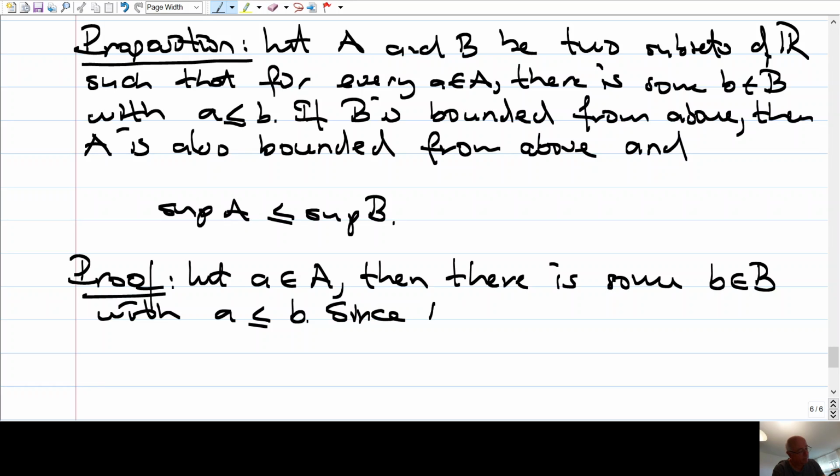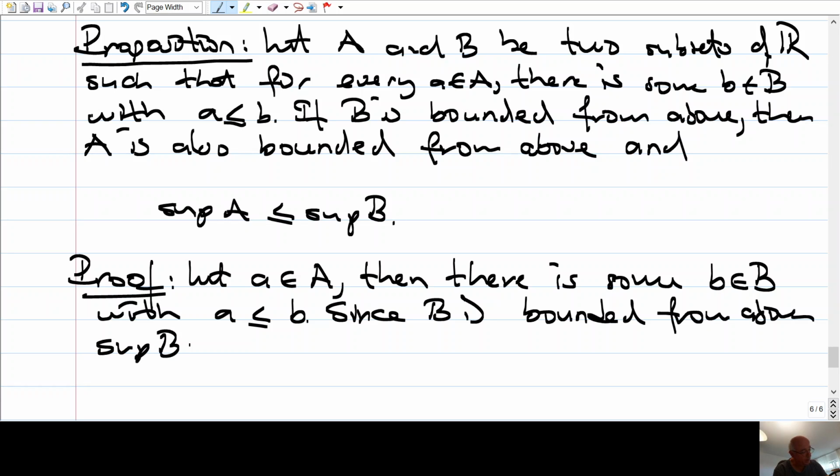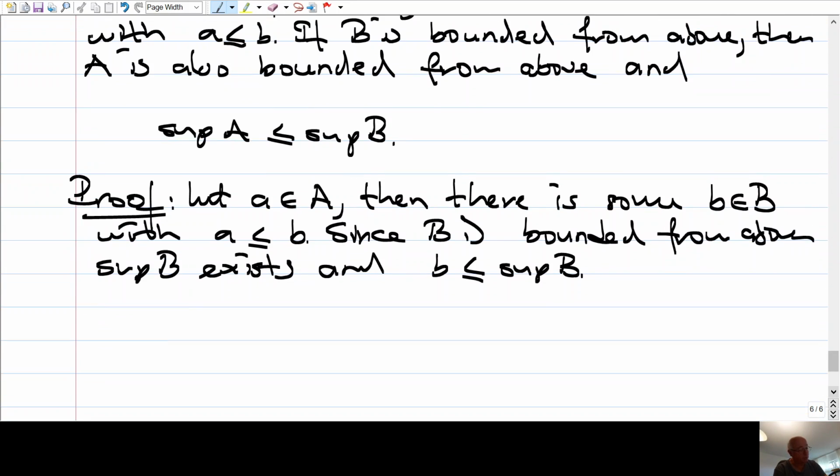Since B is bounded from above, the supremum of B exists, and this number b, whatever it is, is less than or equal to the supremum of B, because the supremum of B is an upper bound. Hence, we get this: a is less than or equal to b, and it is less than or equal to the supremum of B.